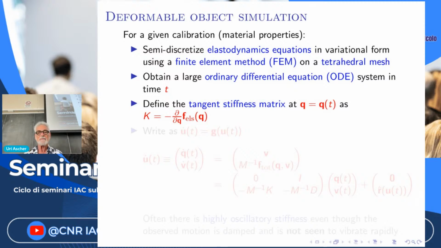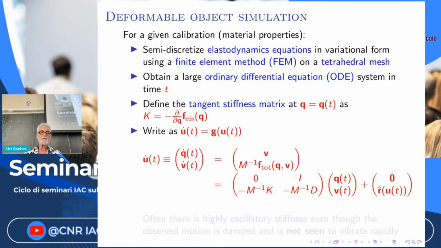The fundamental matrix that appears here is the tangent stiffness matrix, and that is the Jacobian of the elastic forces, which is the Hessian of the potential, and it's a symmetric non-negative matrix, not just any matrix, but one that has a structure.